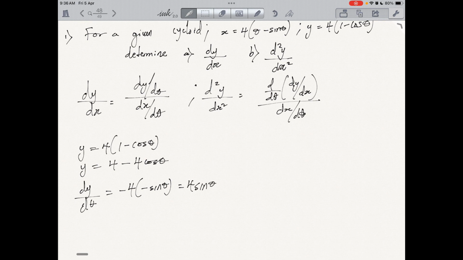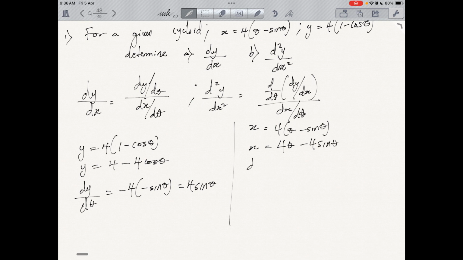So having evaluated dy/d theta, let us also evaluate dx/d theta. We know that x is equal to 4 into theta minus sine theta. Then let's open the brackets. We have 4 theta minus 4 sine theta.